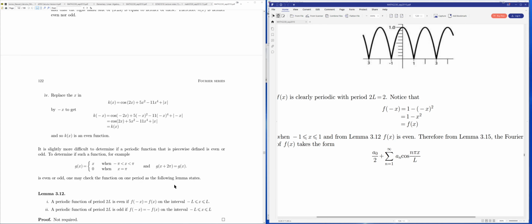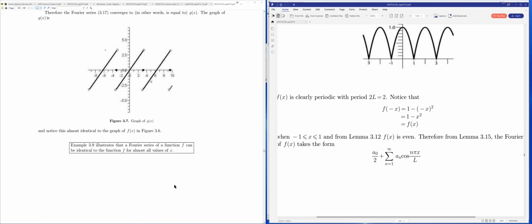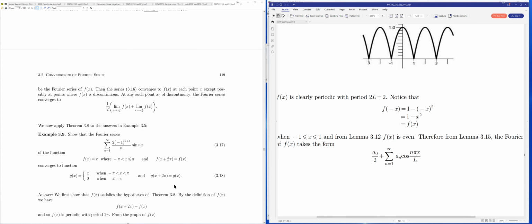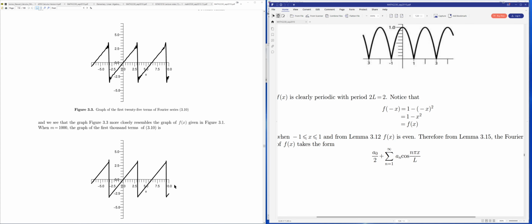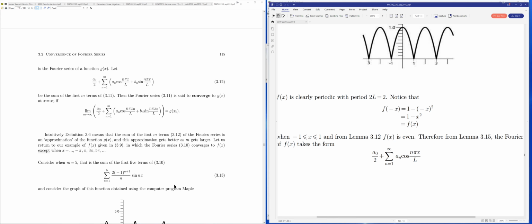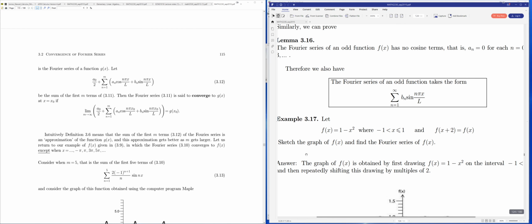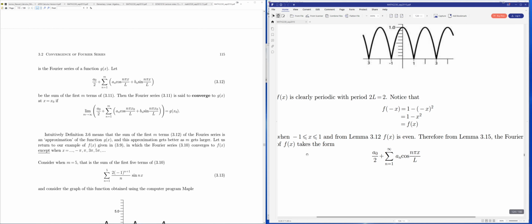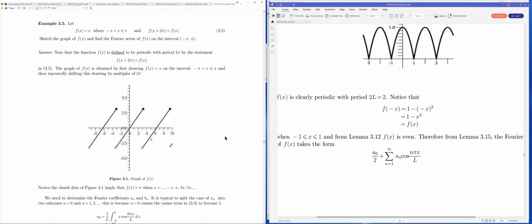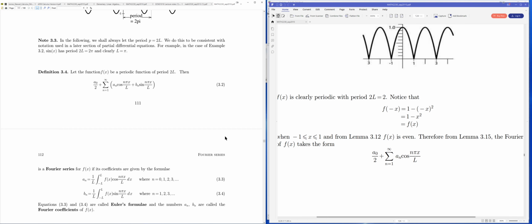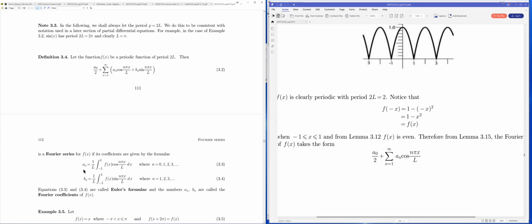To calculate the a0 and the an, I use my Euler formula for an here.